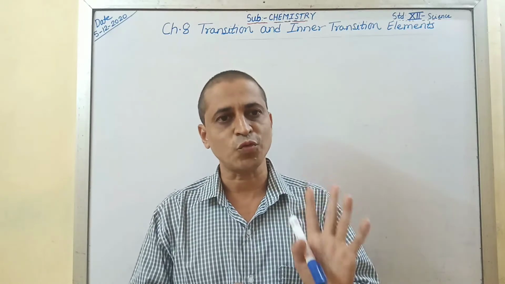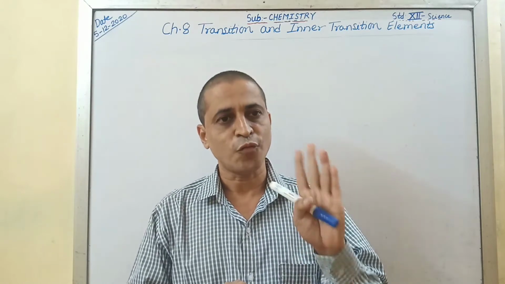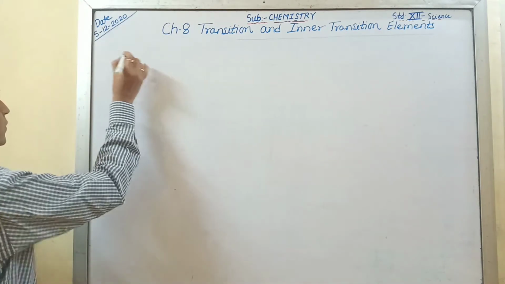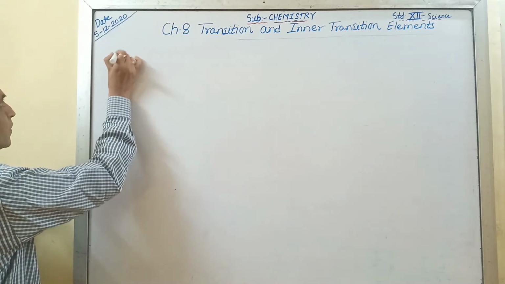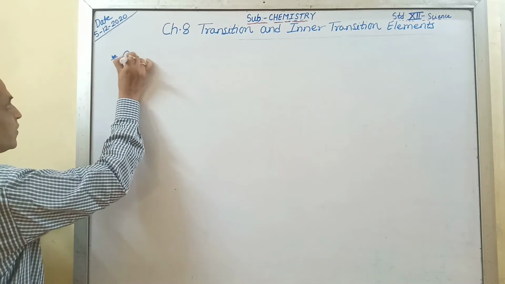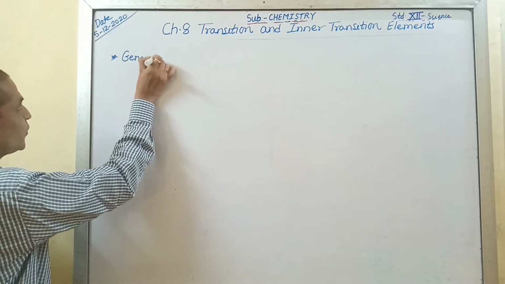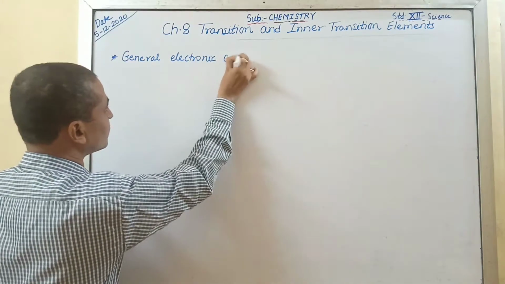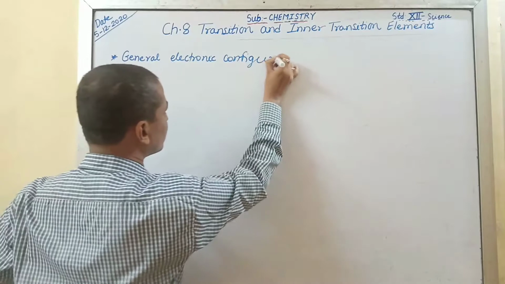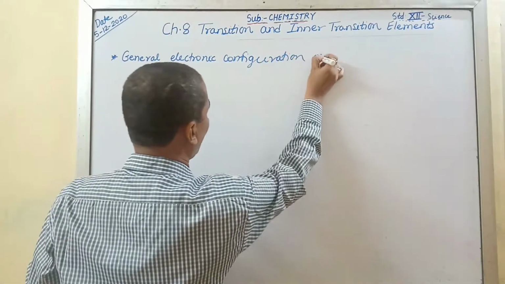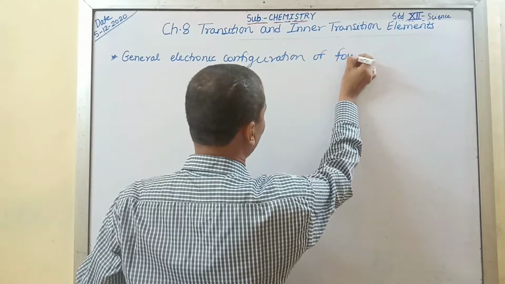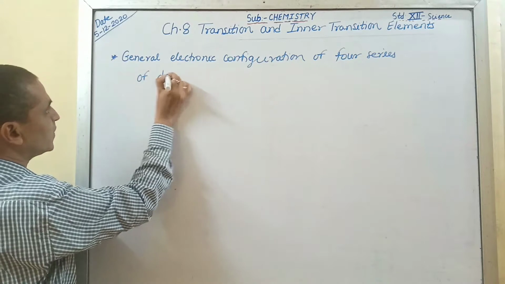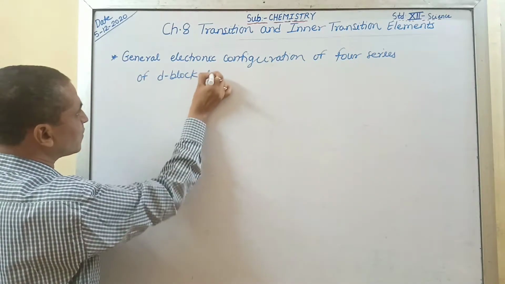Now today we are going to study the 4 series of d block elements. First, we will start with the general electronic configuration of the 4 series of d block elements.